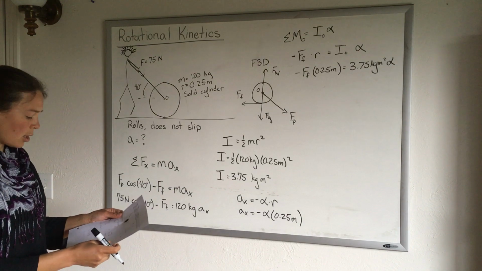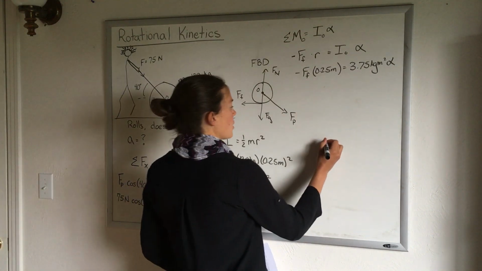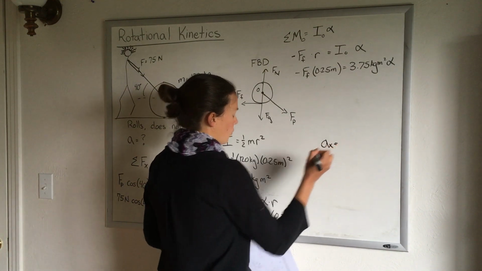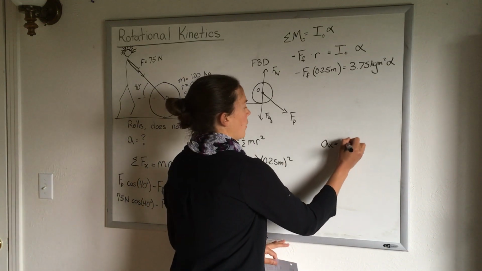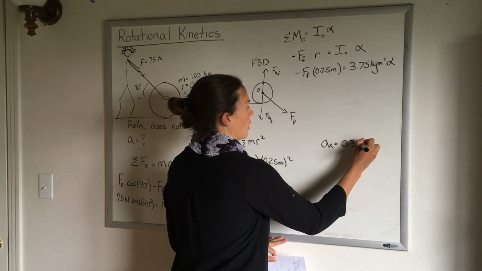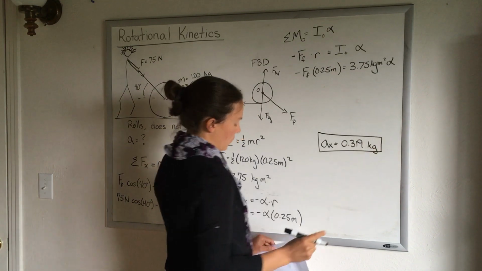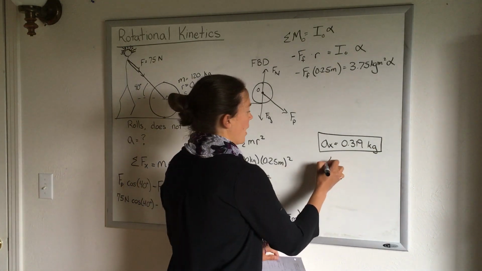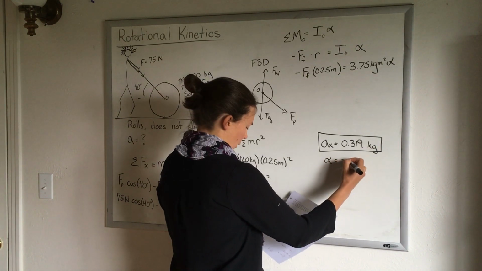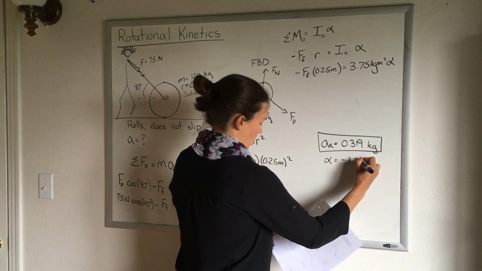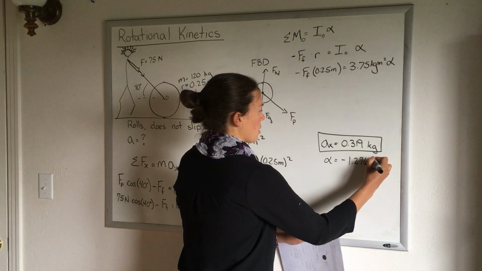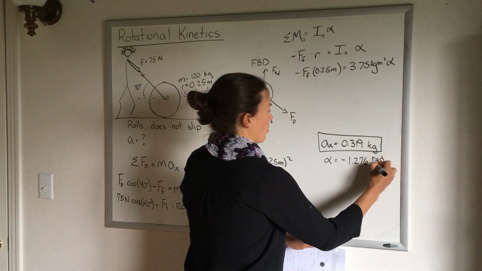And solving these 3 equations gives us an acceleration in the x direction of this massive lawn roller of 0.319 kilograms. And if you're curious, it also gives us an angular acceleration alpha of negative 1.276 radians per second squared.